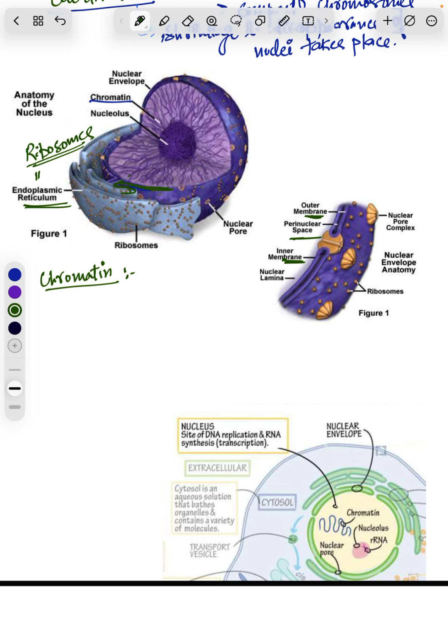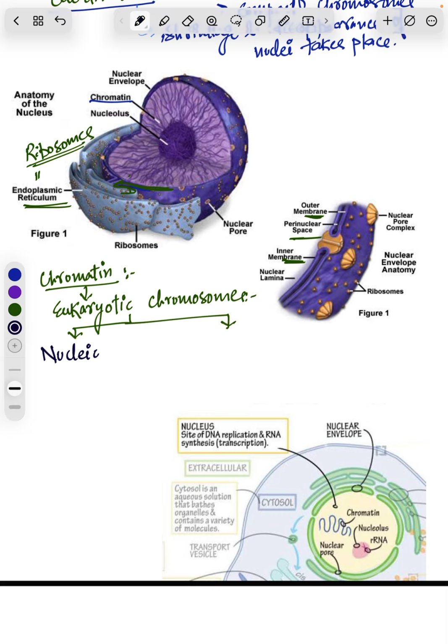So eukaryotic chromosomes have two broad components: one is nucleic acids and the second is proteins.